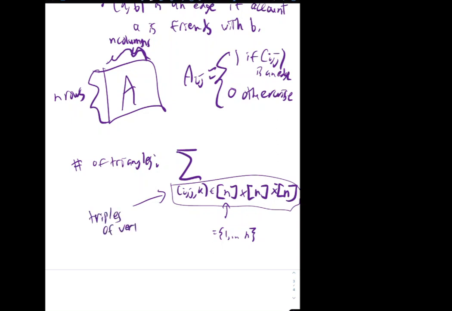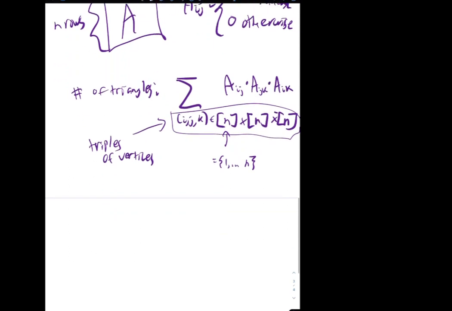I'll use the terms nodes and vertices interchangeably. And they form a triangle if they're all connected to each other. So if i is connected to j, and j is connected to k, and i is connected to k, they form a triangle. So this is a triangle, but this is not a triangle because it's missing this edge.